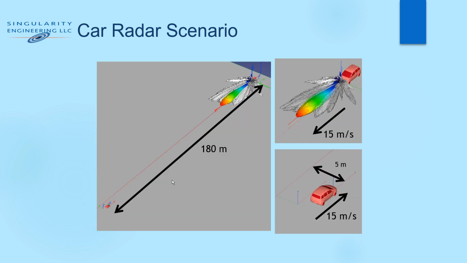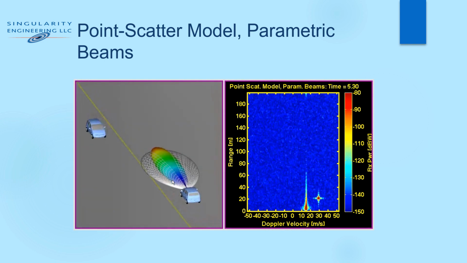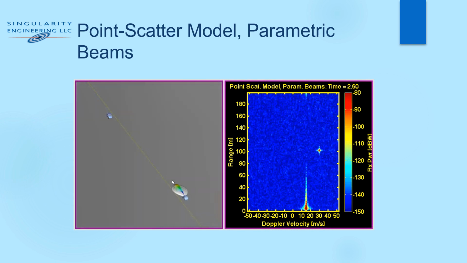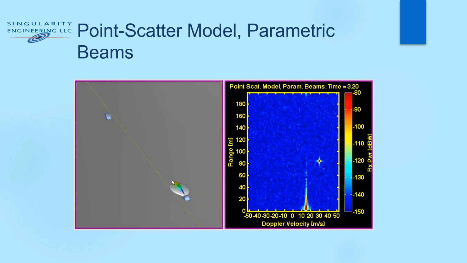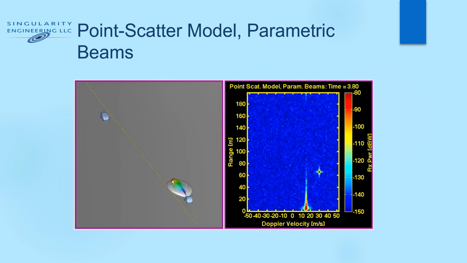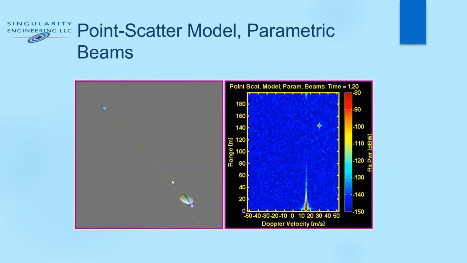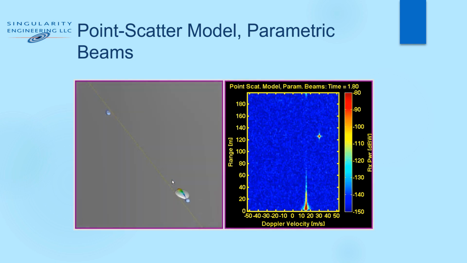Let's look at our setup. Right now we have this car with the radar antenna on it, and another car driving towards our car. We have this as a per scatter model, so this is not using any technique of ANSYS. Right now we treat this car as a point, so we don't see any reflection of that, and we're using parametric beams, which means there are no side lobes.